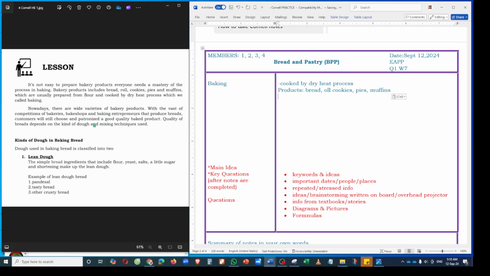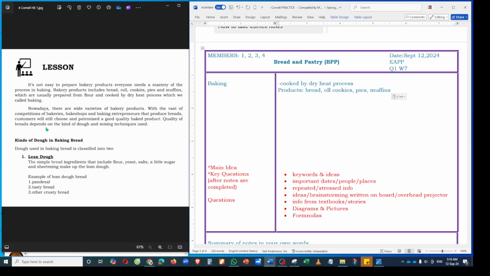Then, another important information is sabi niya, nowadays there are wide varieties of bakery products with the vast number of competitors of bakeries, bake shops, and baking entrepreneurs that produce breads. Customers will still choose and patronize a good quality baked product.